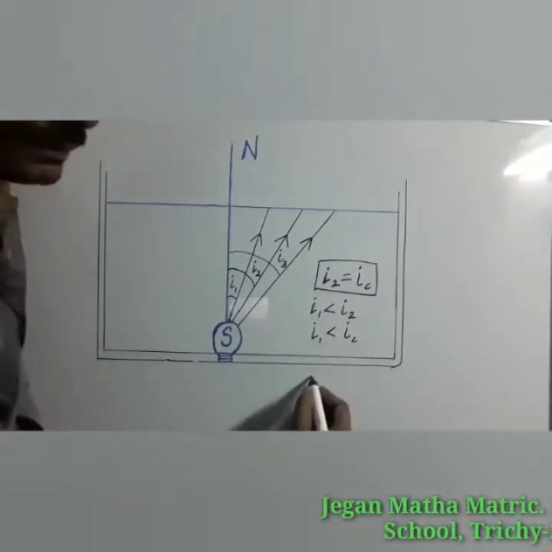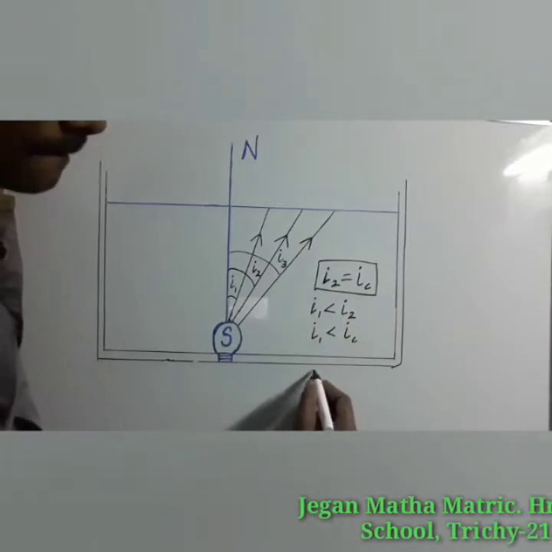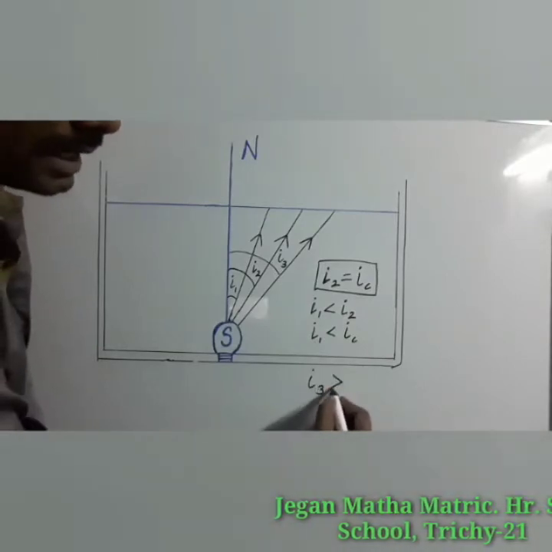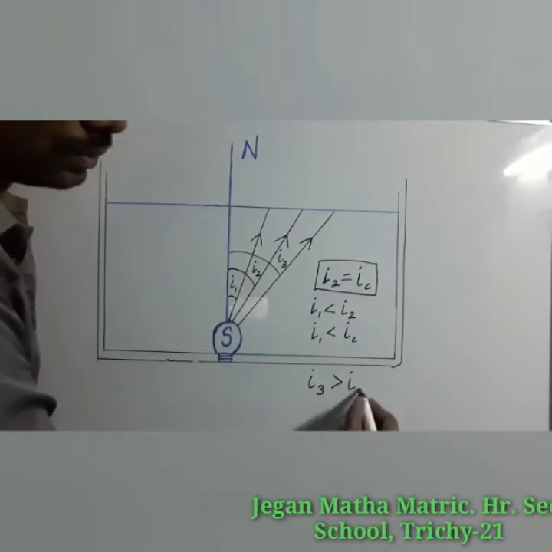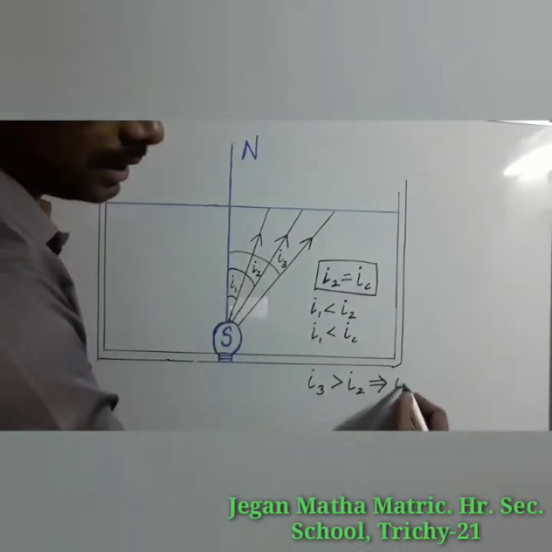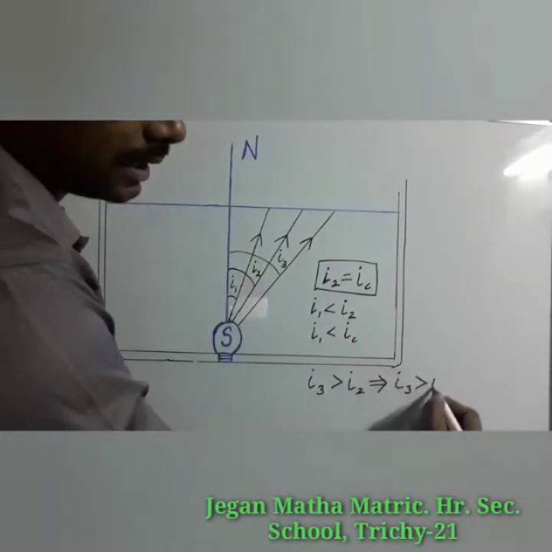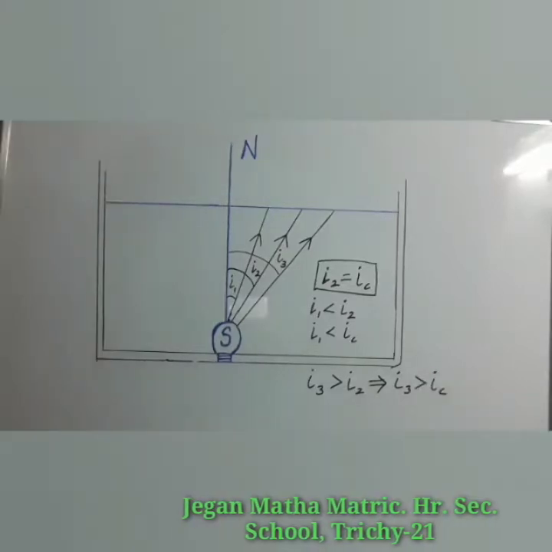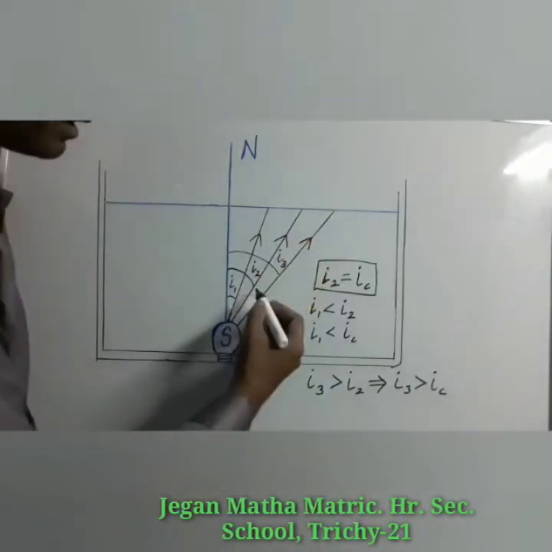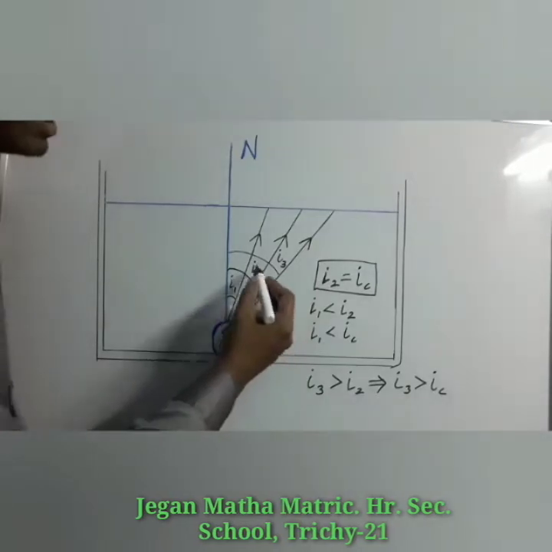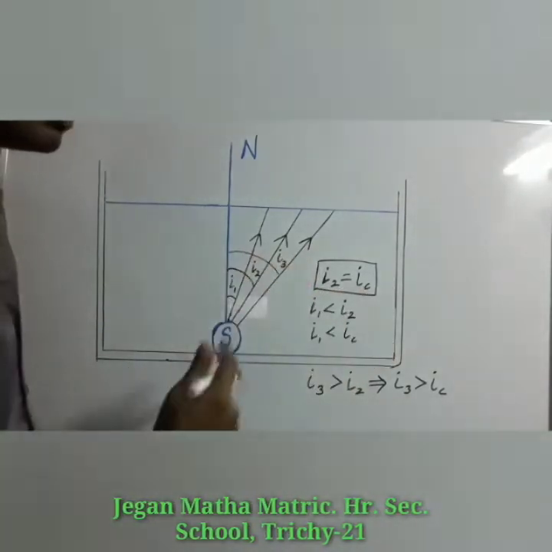Likewise I3 is greater than I2, so we can say I3 is greater than IC. Let us take the second ray which makes the angle I2, that I2 is equal to the critical angle. So what will happen?